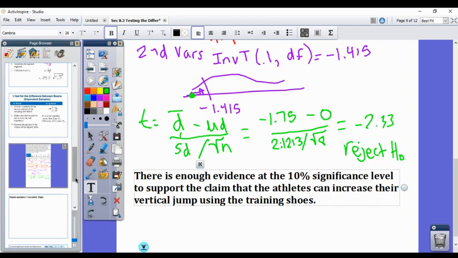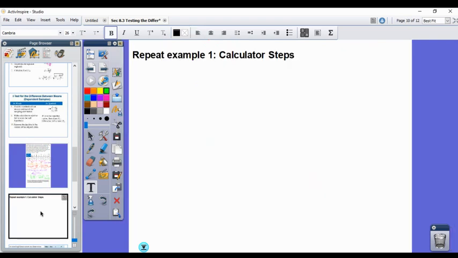Okay, so we're going to repeat example 1, except we're going to do this in the calculator now. Our calculator steps are as follows. You're going to first enter in the lists. So you're going to go to stat and then edit and then enter your list.